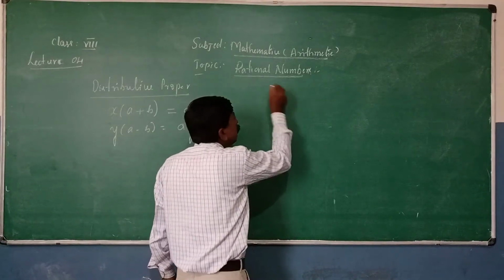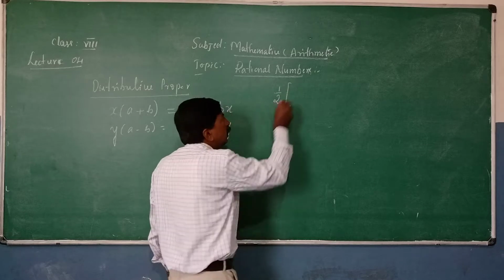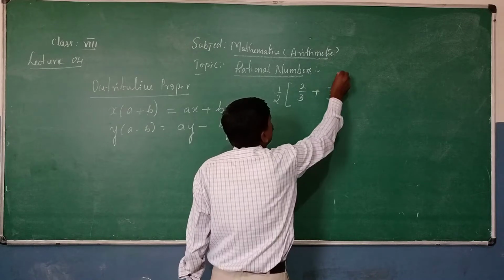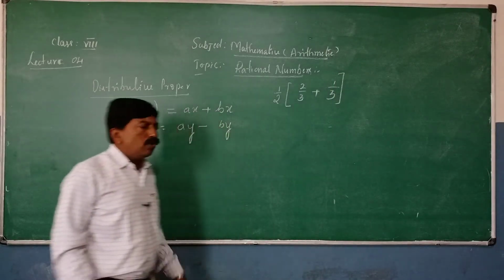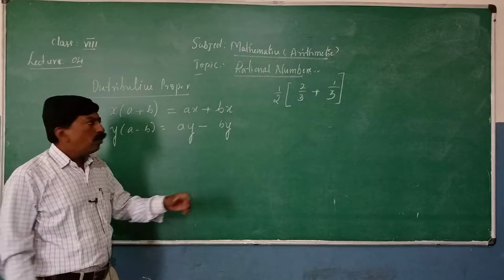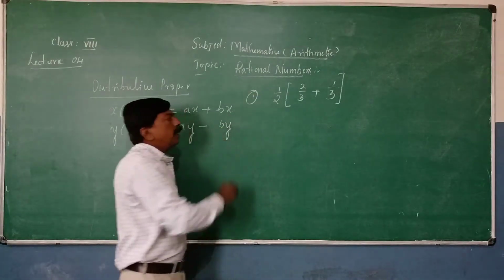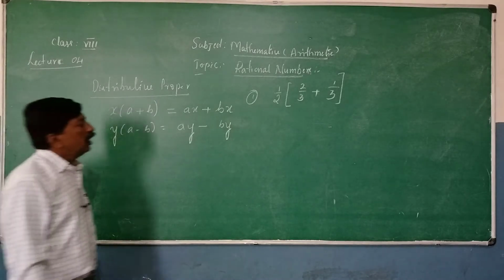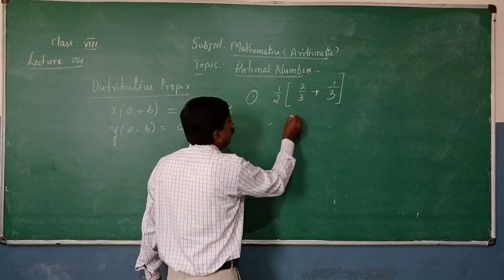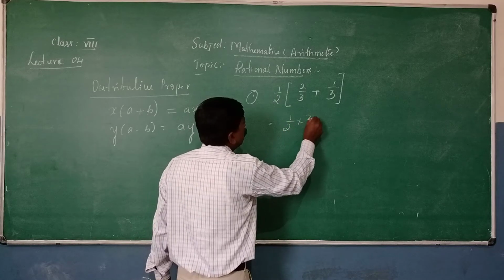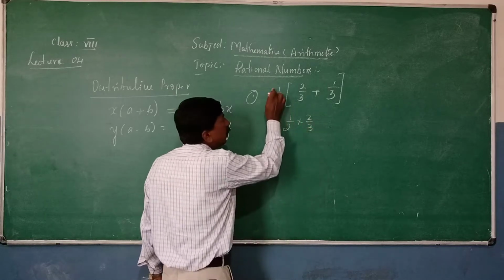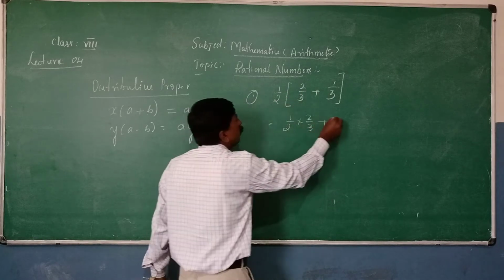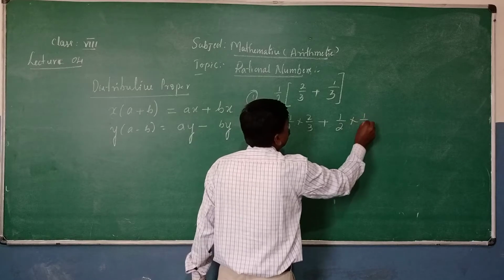So 1 by 2 is multiplied with 2 by 3 plus 1 by 3. Now using this property, we have to simplify 1 by 2 of 2 by 3 plus 1 by 3. So it is 1 by 2 into 2 by 3, plus 1 by 2 into 1 by 3.